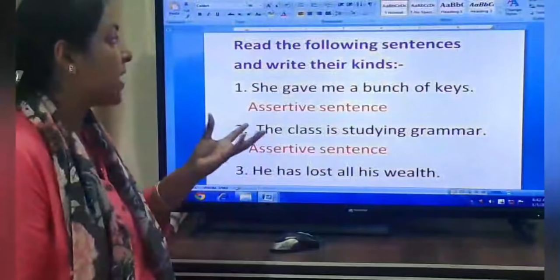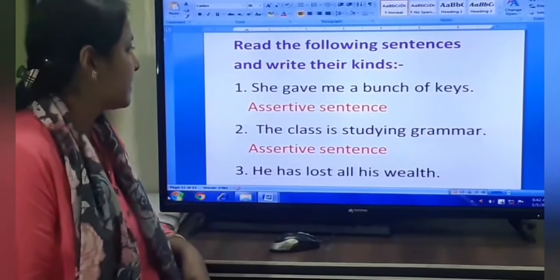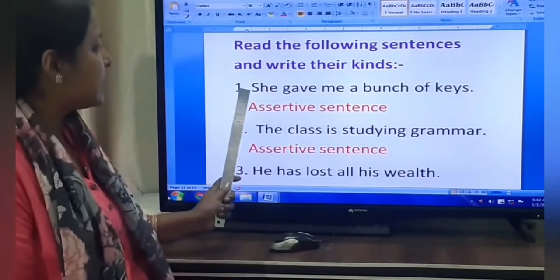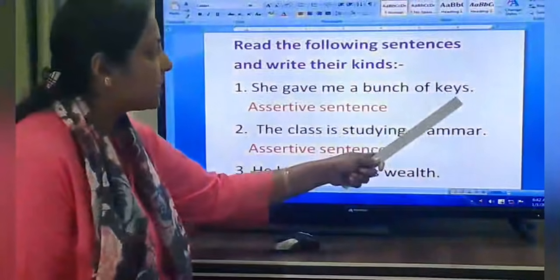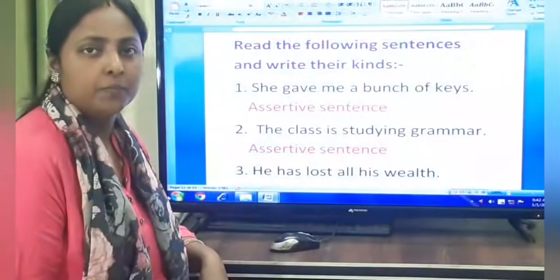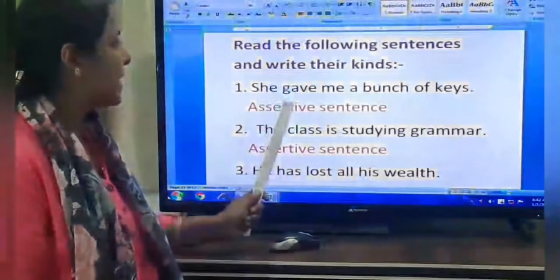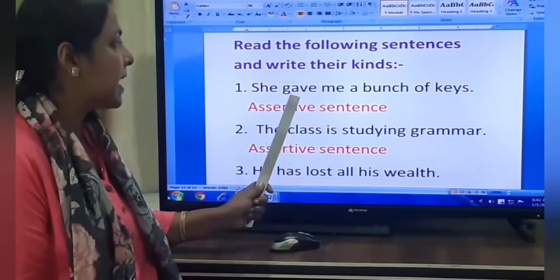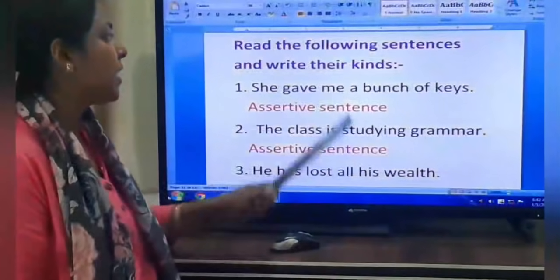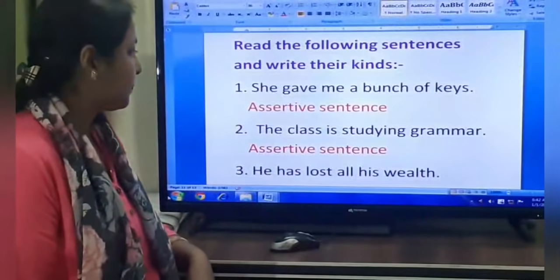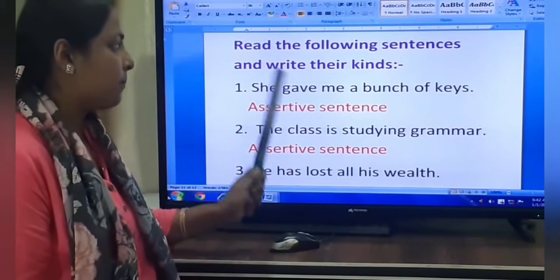Because it gives you a complete sense. The sentence starts with a capital letter and ends with a full stop. So this sentence is an assertive sentence. It tells about a fact.